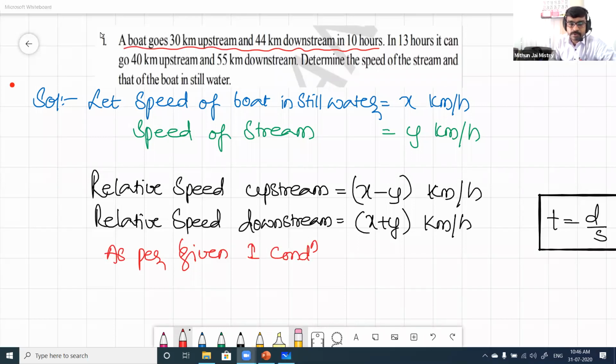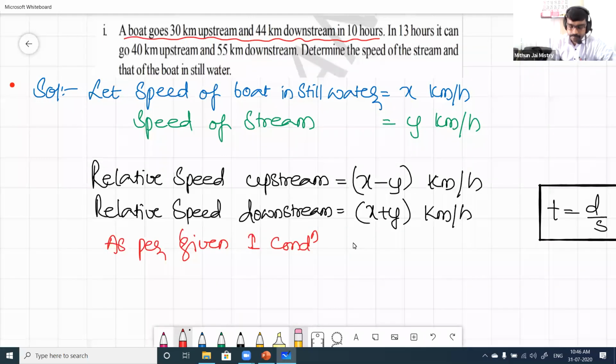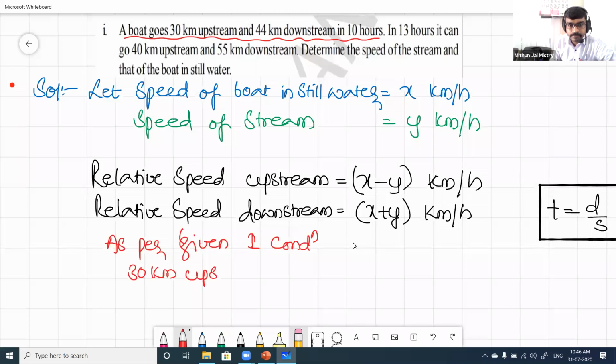Aishwarya has joined just now or what? So here, you can write that if you want, if you don't want to get confused. 30 kilometer upstream and 44 kilometer downstream. Sir, compulsory we should write, sir?